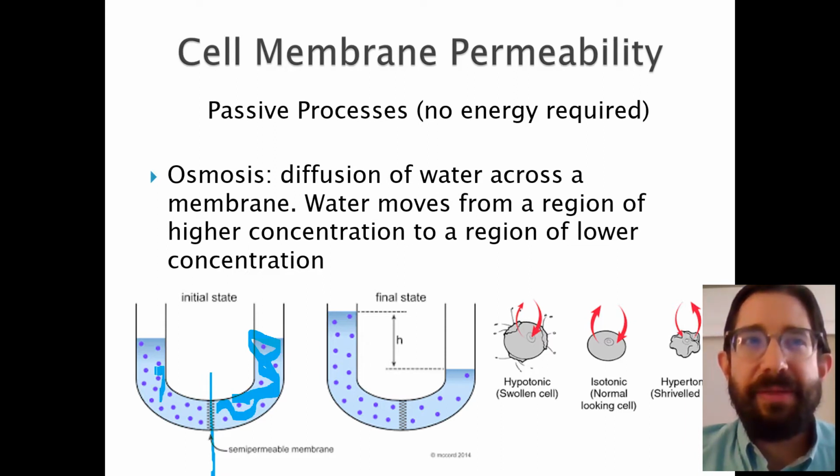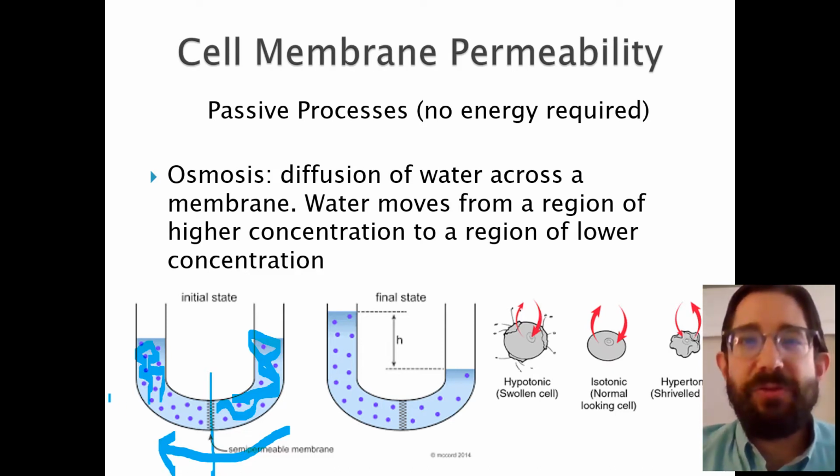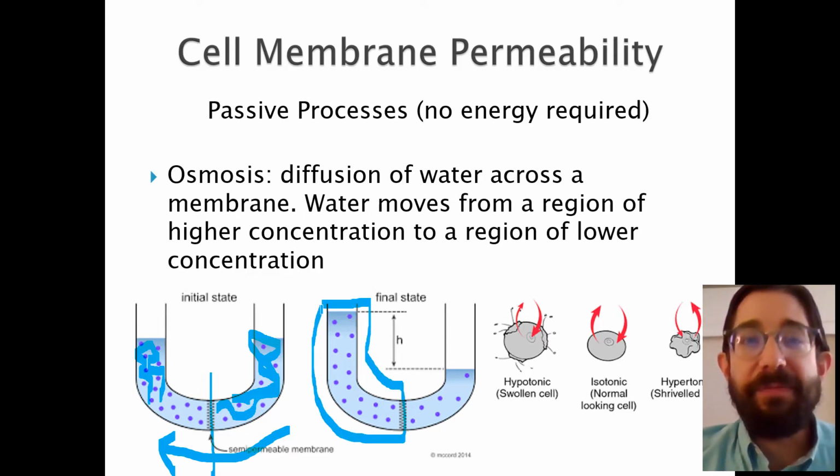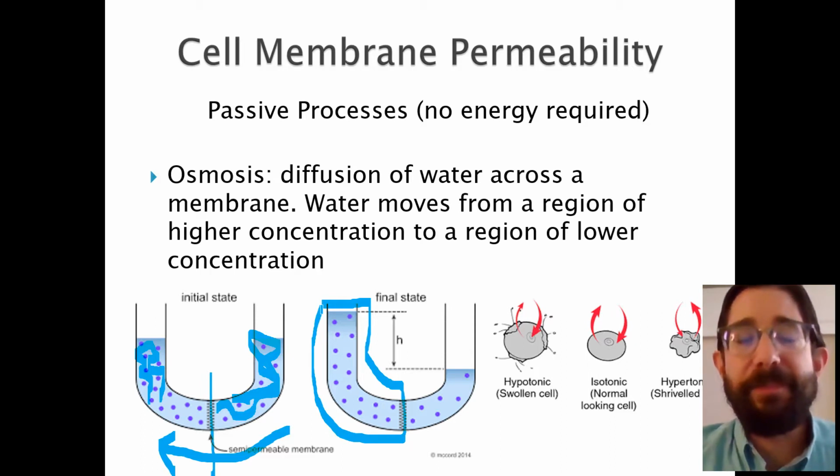On the other side there's less water because there's so much solute, so many of these purple dots. So water is going to want to move across that membrane to even out its concentration. And indeed, it will do that, causing a rise in the volume of fluid on one side of this beaker.